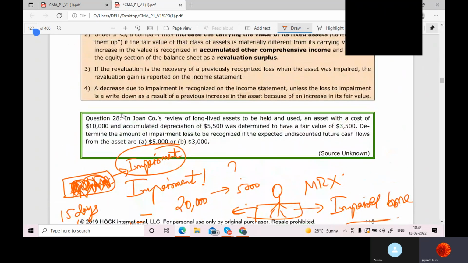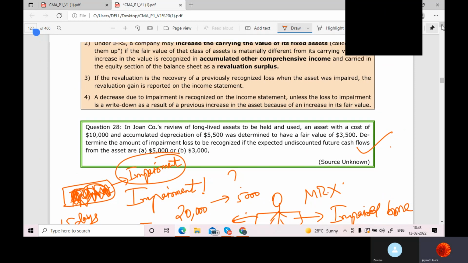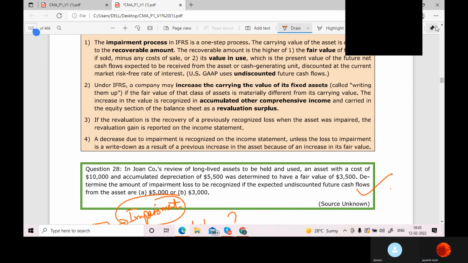So let's discuss this question. Can you do this question and tell me what the answer is, Zarina? Yes, Zarina. And then I have to discuss two more points about this.